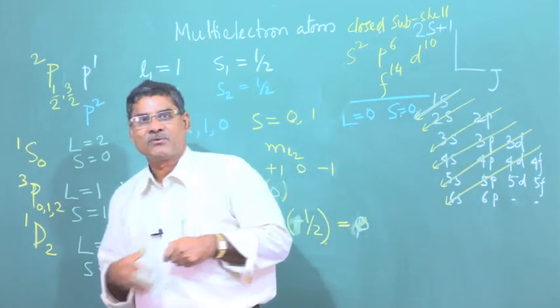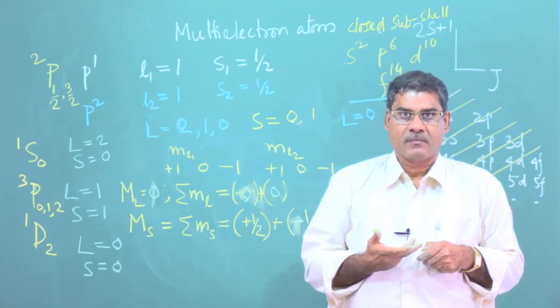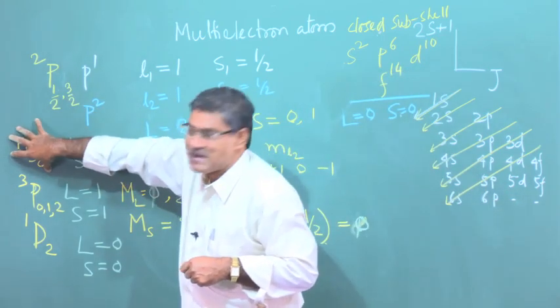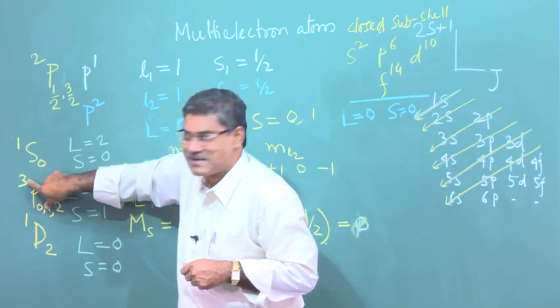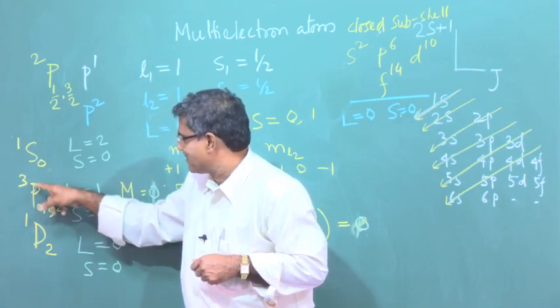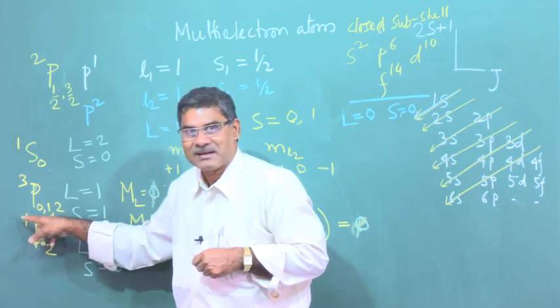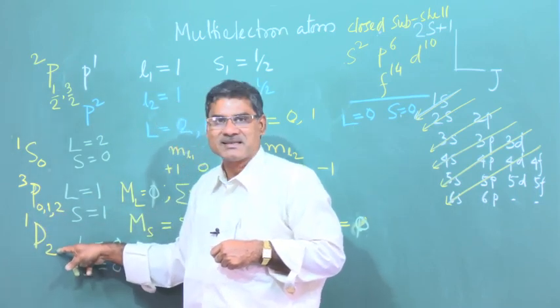And here you see the meaning of multiplicity. So, 2S plus 1 we generally tell is the multiplicity factor. So, here you see this is only one term, right. Here multiplicity 3 means it has 3 terms, you know, P0, P1, P2. Here it is 1, so only one J value is there.